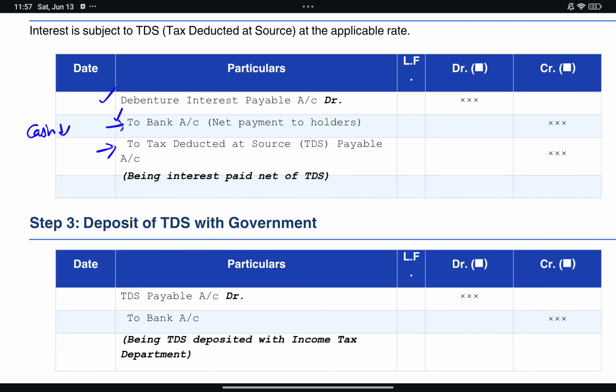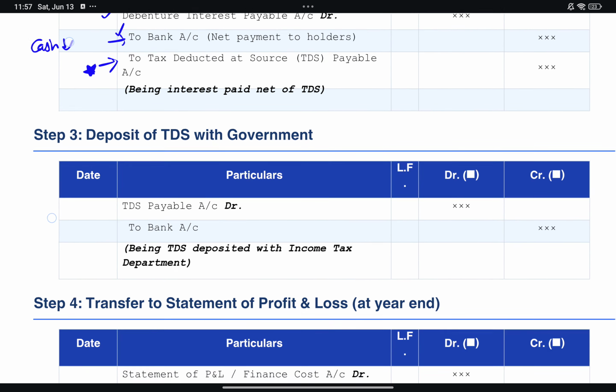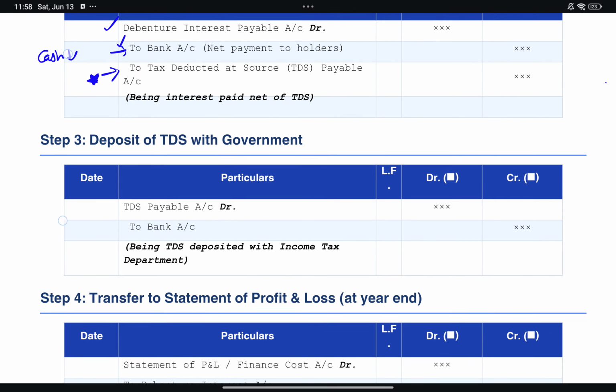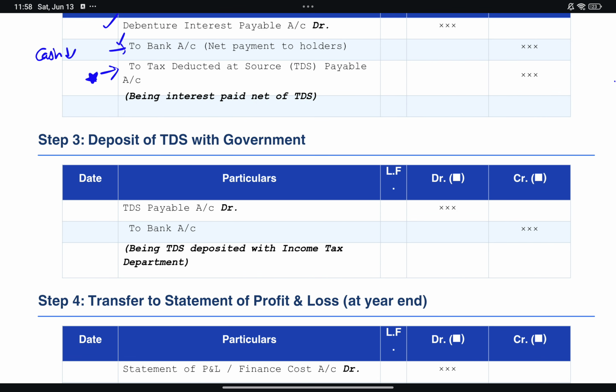First entry was to due the interest. Second entry was to make payment of the interest. Got it? We have done 2 entries till now. Now the third entry will be to deposit the TDS which we have subtracted from debenture interest. We will give this TDS to the government. This was a temporary account, and I have credited it here.